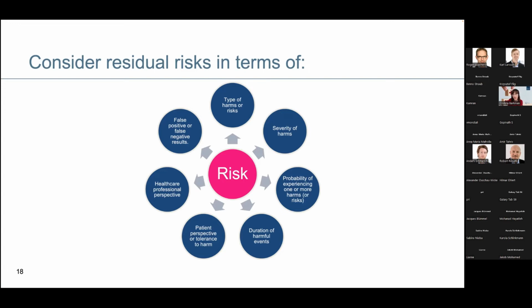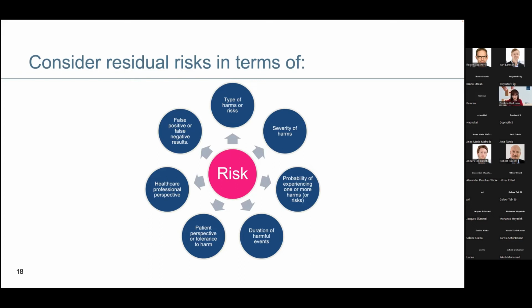One is the type of harms or risks, and what is the severity of the risk? What's the probability of experiencing one or more harms or risks? What's the duration of the harmful event? How long does it last?